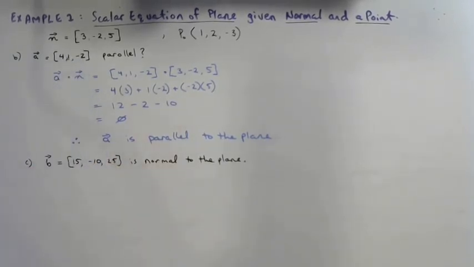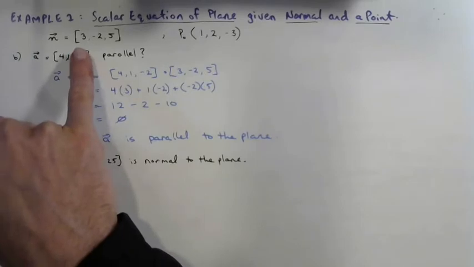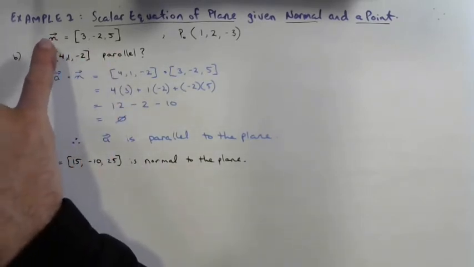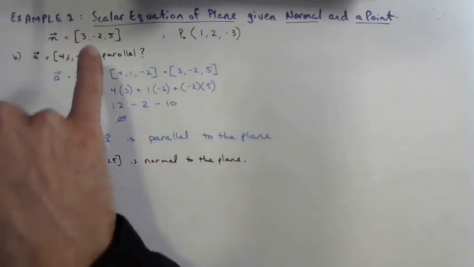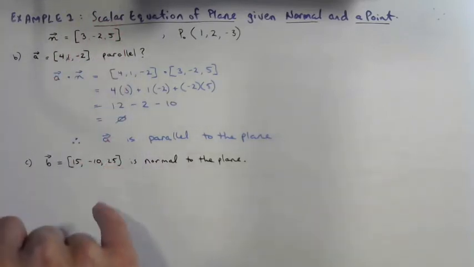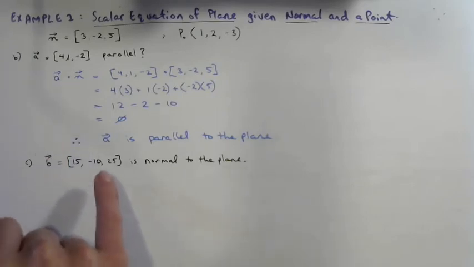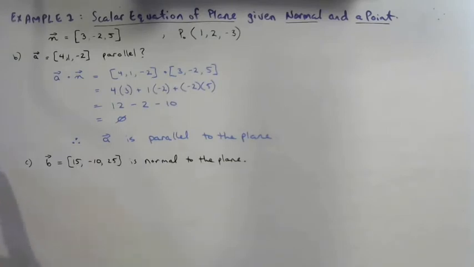In 2 space, that would mean it has the same rise over run, but it could be any multiple of the rise over run. It has the same slope, right? So in 3 space, the direction that b is going in needs to be the same as the direction that n is going in, which means that b needs to be some scalar multiple of n. The x, y, and z components need to each be multiplied by the same constant and arrive at the corresponding value, if that makes any sense.